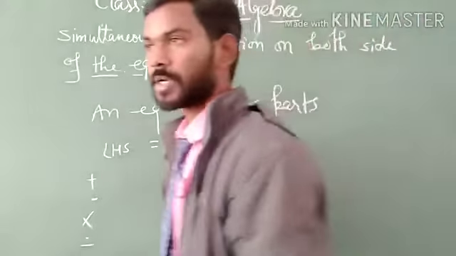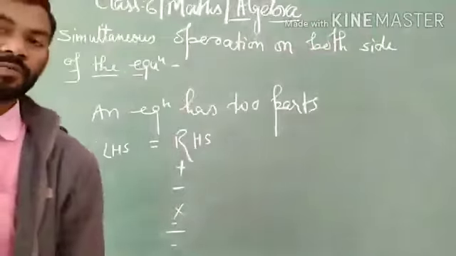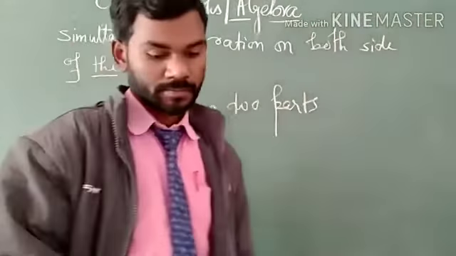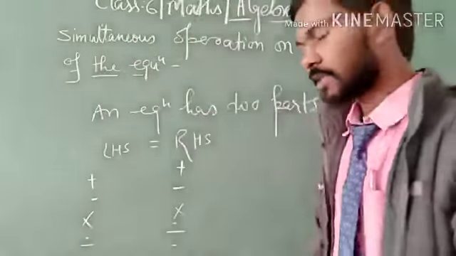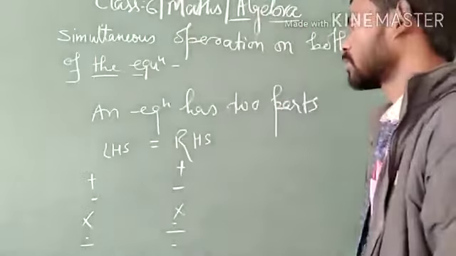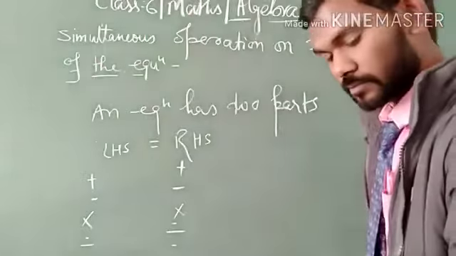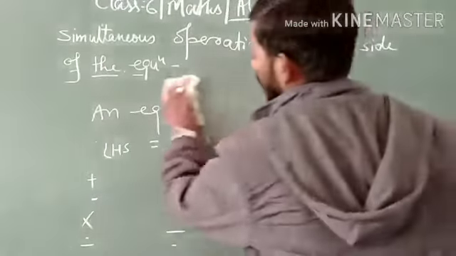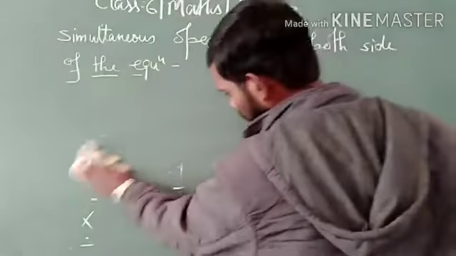And whenever we separate the variable from the equation, then we can easily find our solution. So this is the statement and the rule of this topic. Let us see how it works.